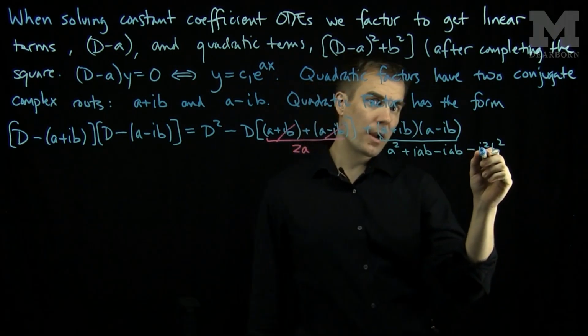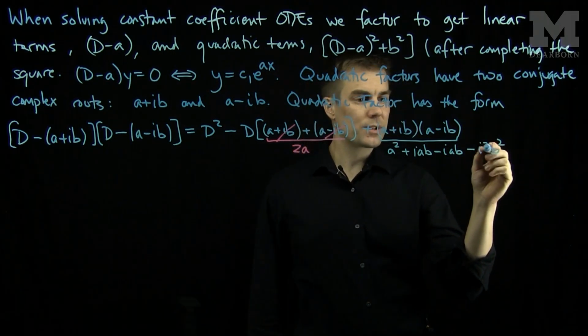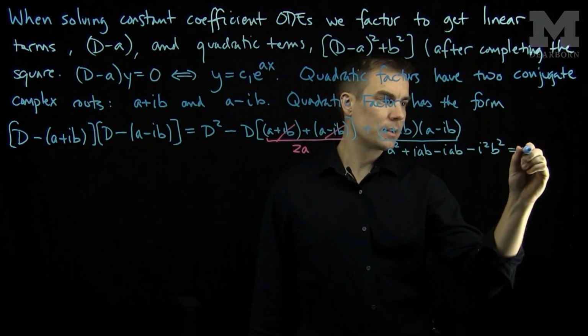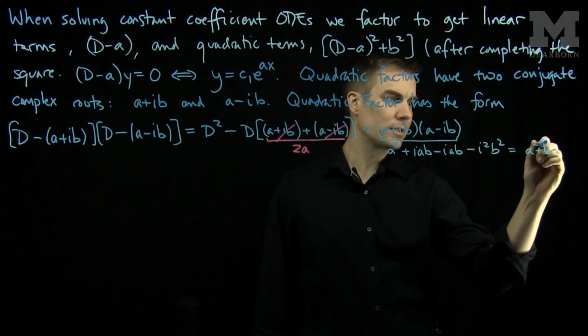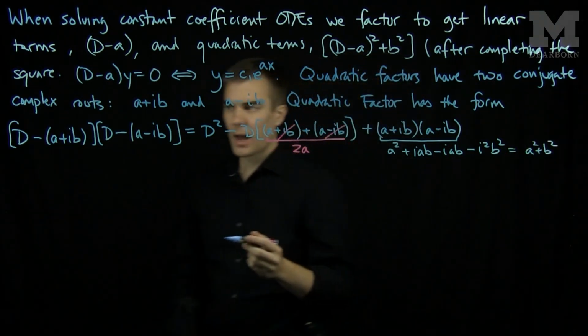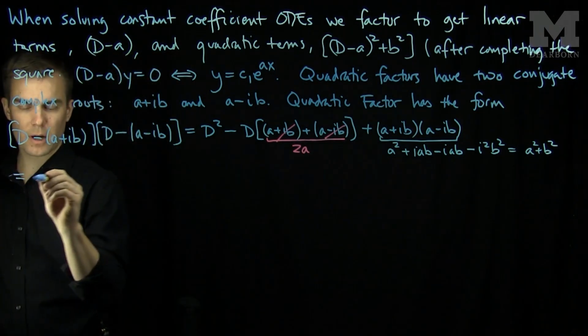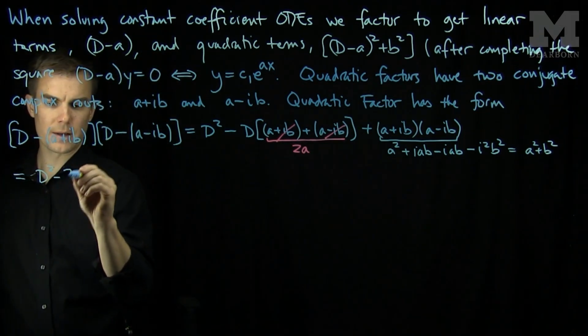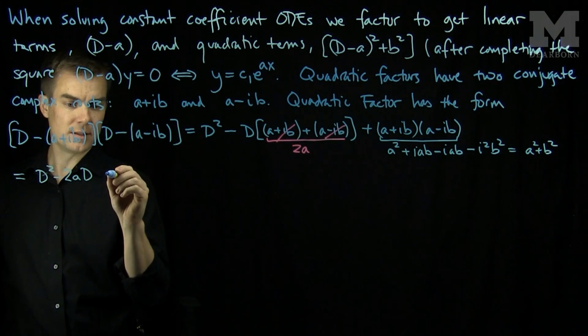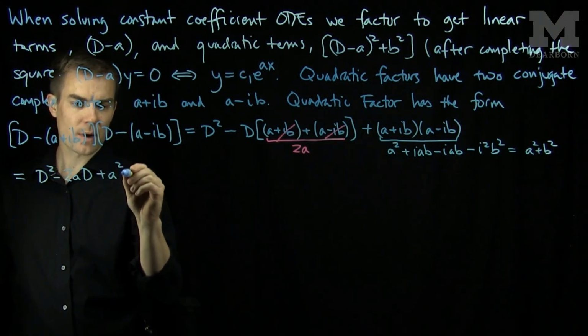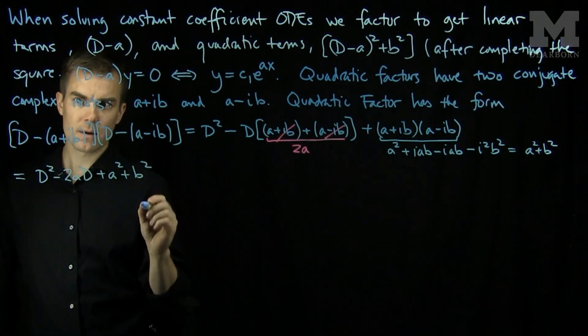But i squared is negative 1, so this entire expression is a squared plus b squared. Hence, our expression becomes d squared minus 2ad plus a squared plus b squared.